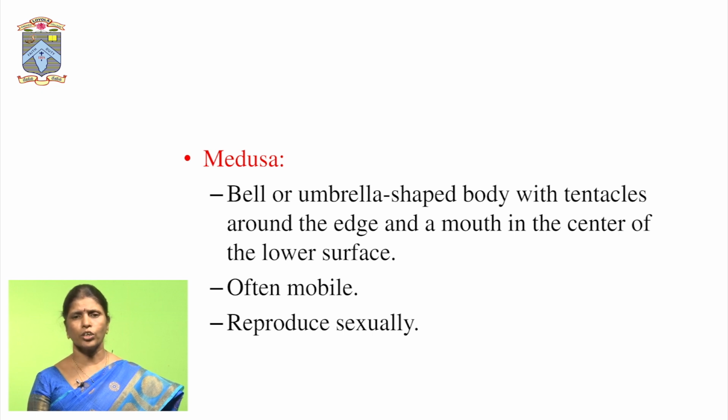They are motile forms, meaning they can move from one place to another, not sessile like polyps. Their main function is reproduction, and that too sexual, meaning they produce sex cells, gametes. So, they are also called reproductive zooids.